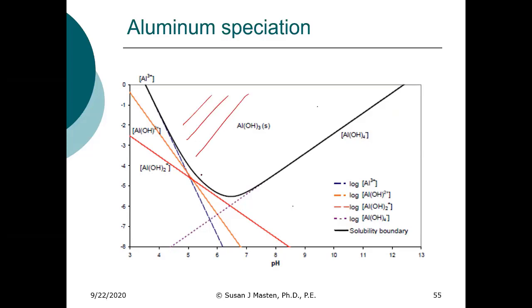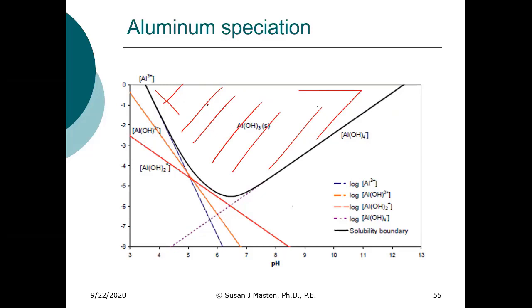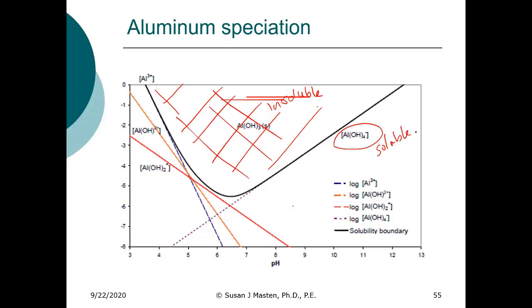This is the soluble species here, and this is the insoluble species. And these are the soluble species. I think I said that backwards. Okay, so this is the precipitate, and you can see that a minimum occurs right around 5 to 6.